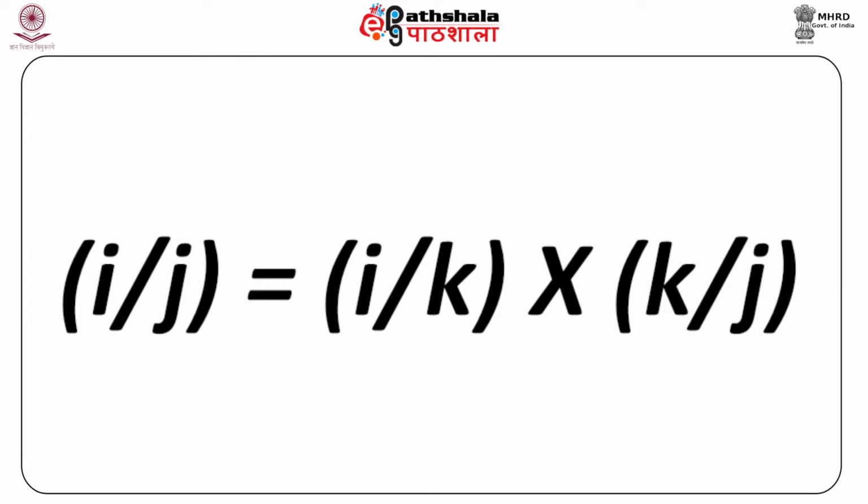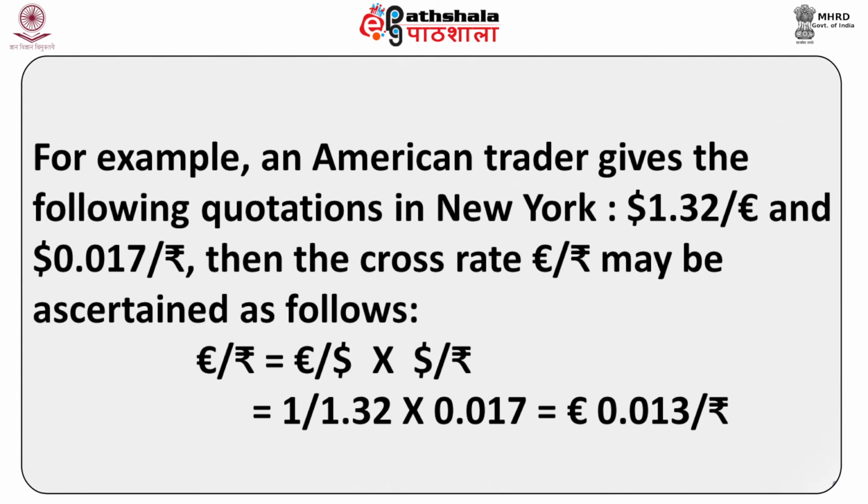This can be expressed as follows: I divided by J is equal to I divided by K multiplied by K divided by J. For example, an American trader gives the following quotation in New York: $1.32 per euro and $0.017 per rupee.